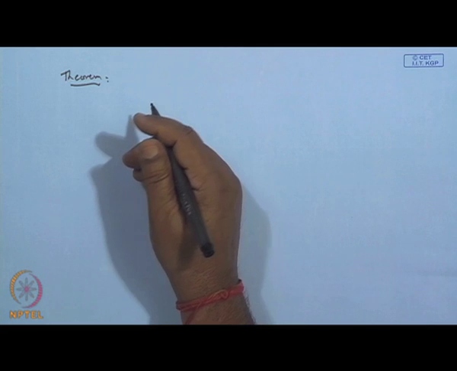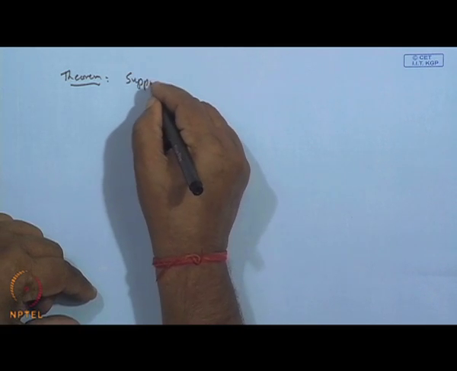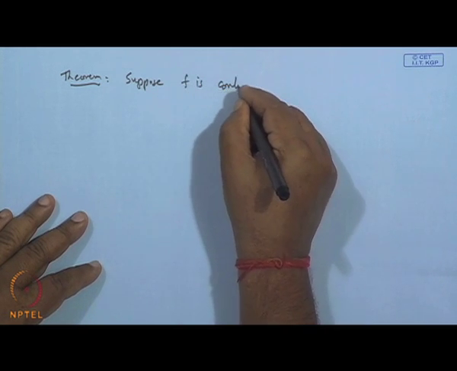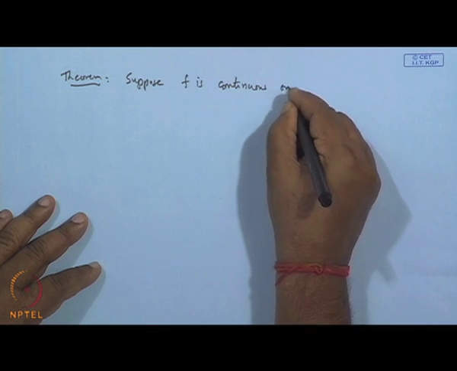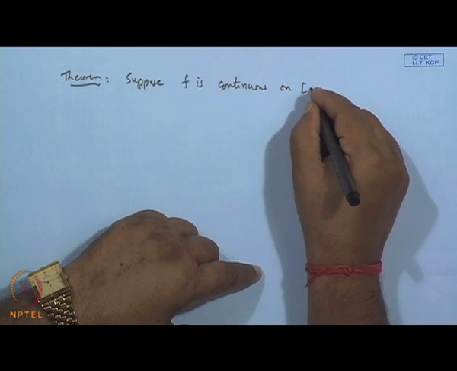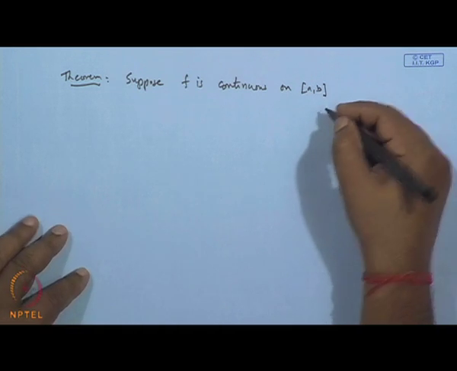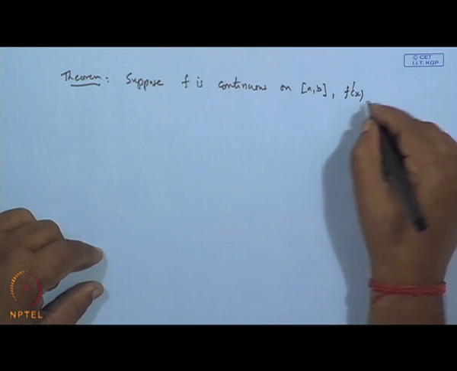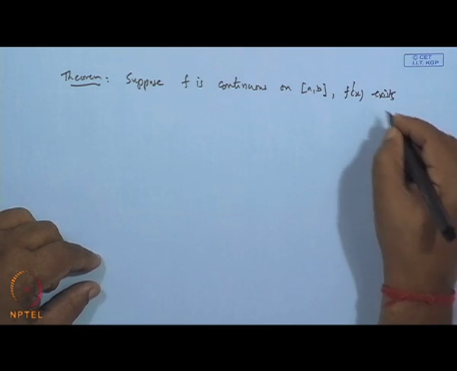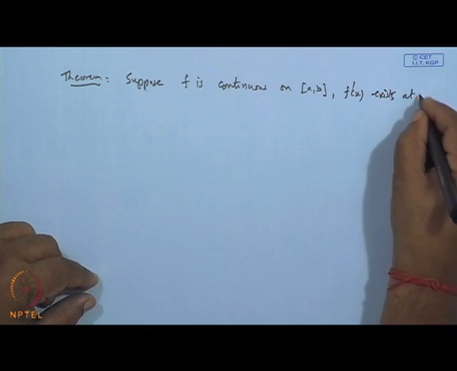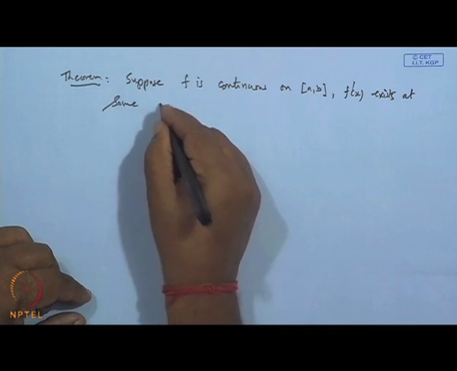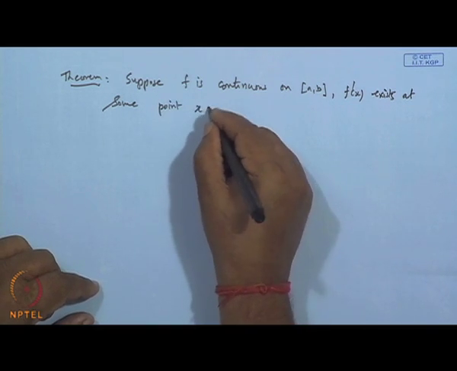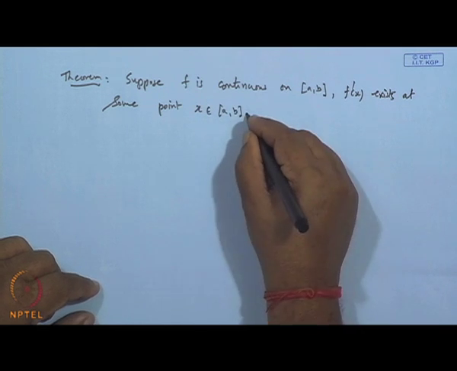So, suppose f is continuous on the closed interval [a, b], and let f prime x exist at some point x belonging to [a, b].